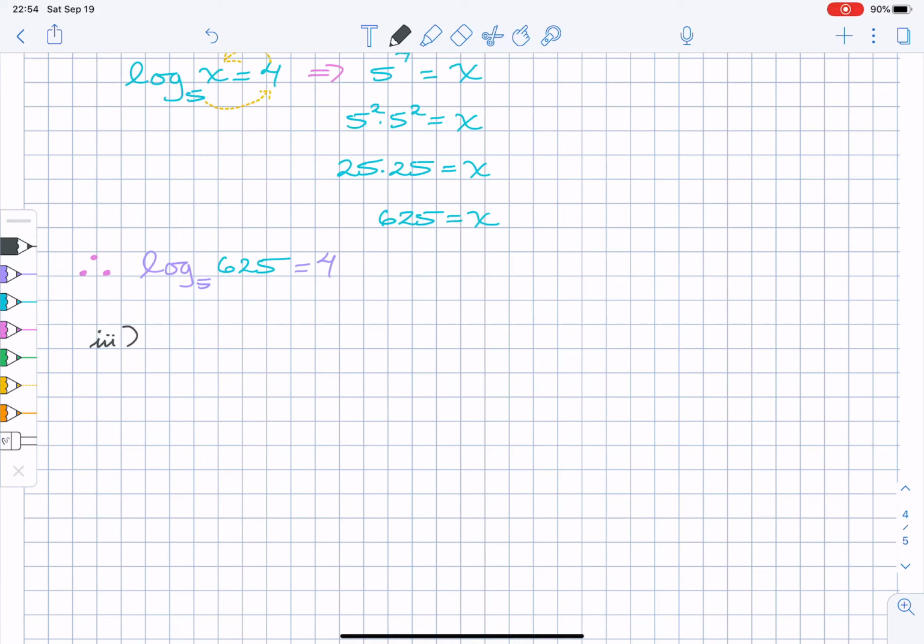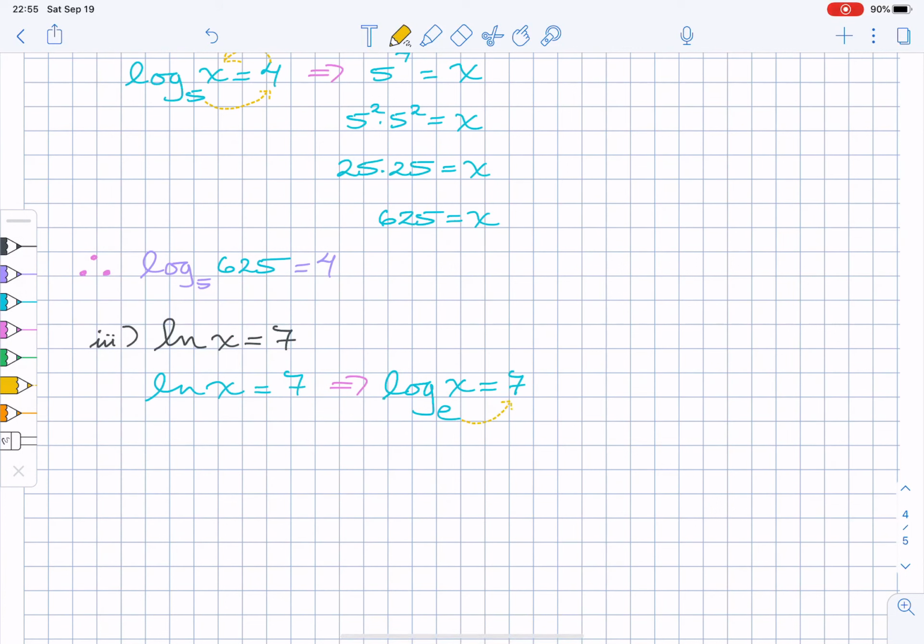So number 3, let's say we have ln of x is equal to 7. Well, that's equivalent to saying log base e of x is equal to 7, because that's what natural log, or ln, means.